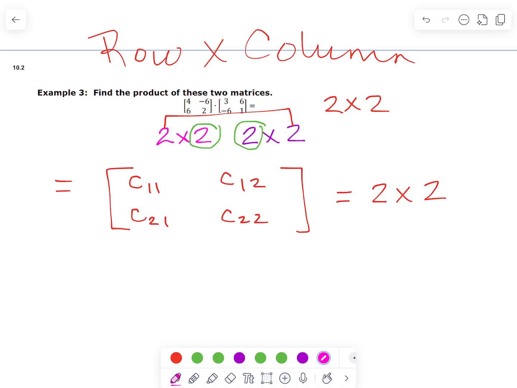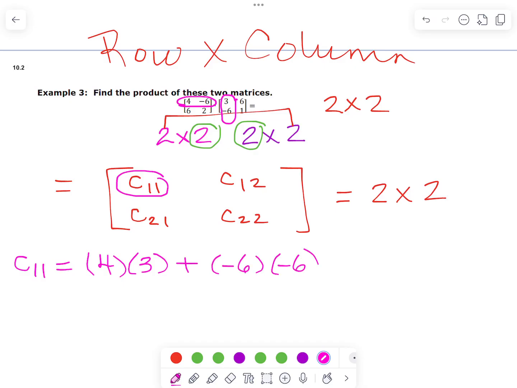So here is our first row, and this is our first column. So we want to find out what this element is right there. I call that C11. So we're going to multiply 4 times 3, and then add -6 times -6.